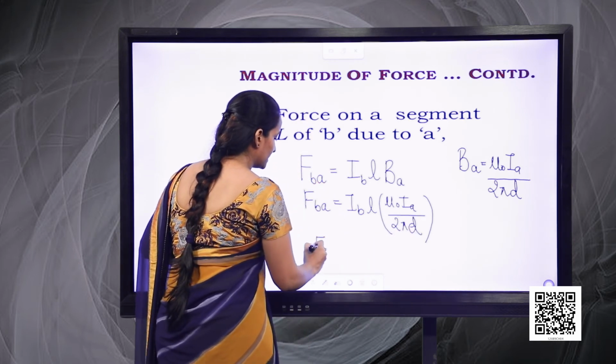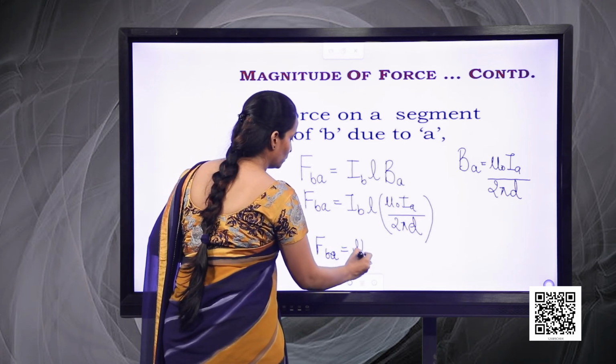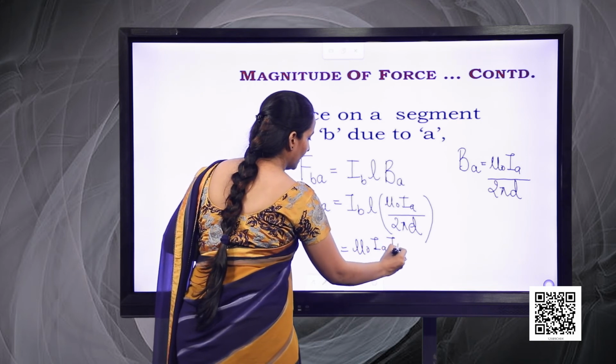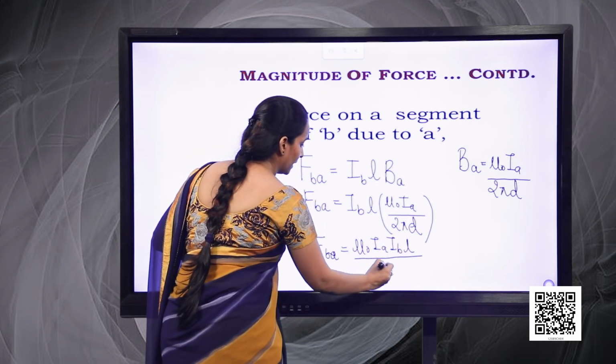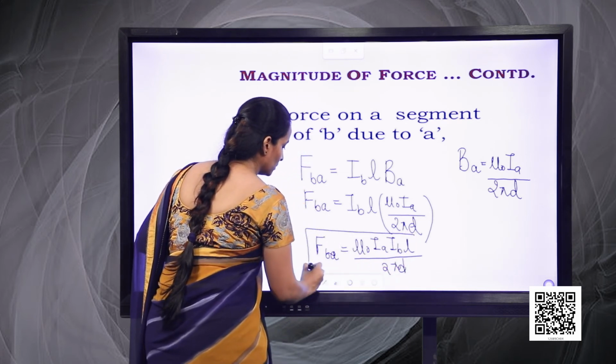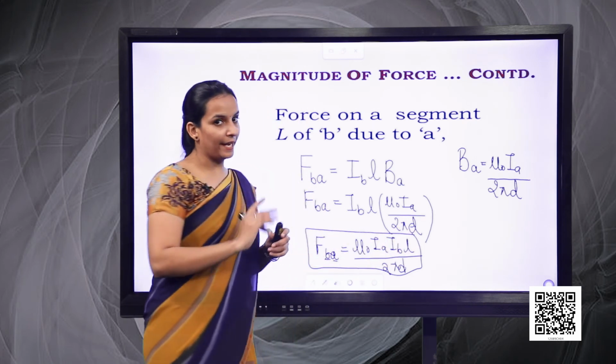So, from here we can say FBA equals mu naught IA IB L divided by 2 pi d. So, this is the force on conductor B due to A.